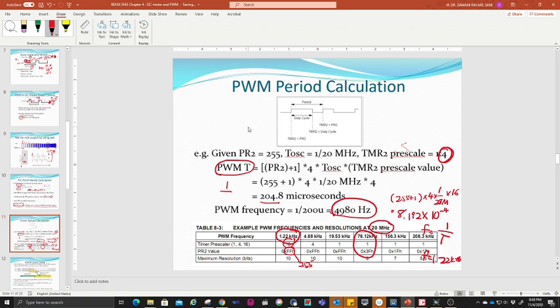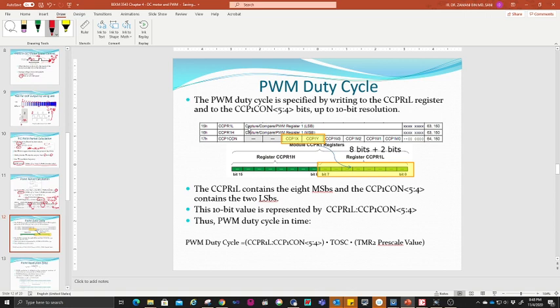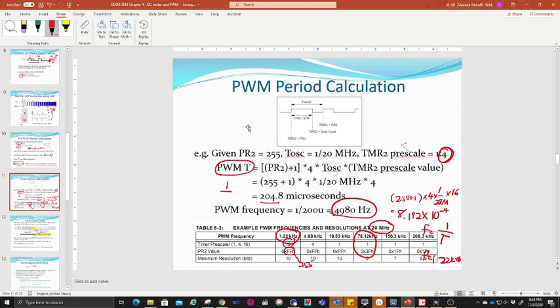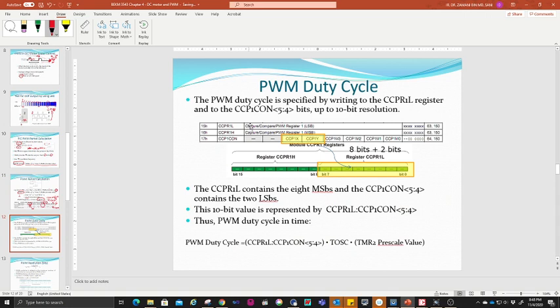Okay, let's move on. The next one is the PWM duty cycle. The first one just now was how to calculate the PWM period, and the next one is duty cycle. The PWM duty cycle is specified by writing to the CCPR1L register and to the CCP1CON bits 5 and 4, which gives up to 10-bit resolution.